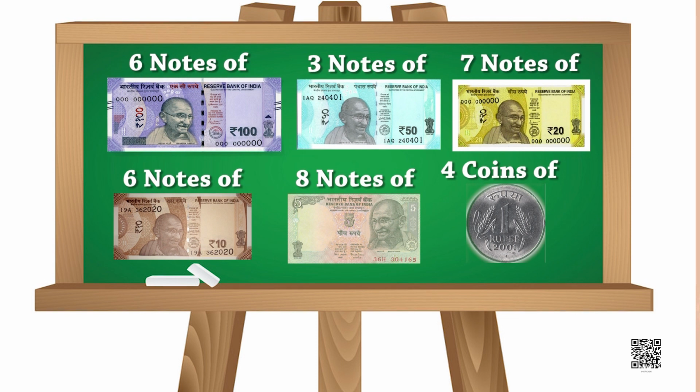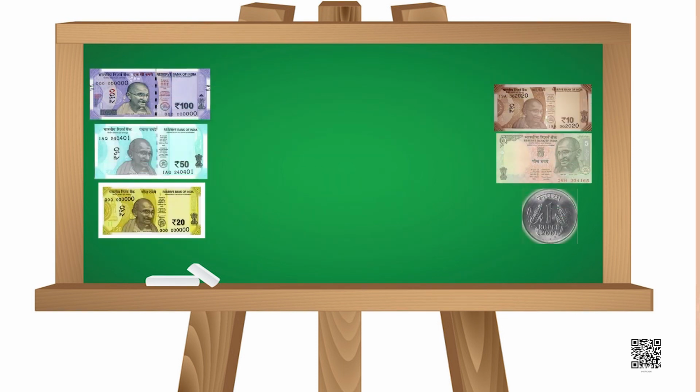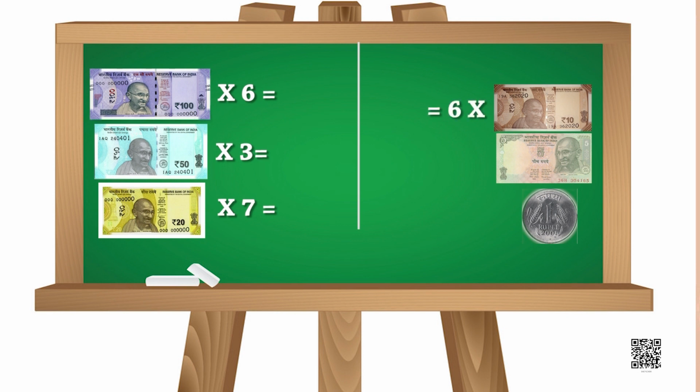We need to multiply them. For example, he has given 6 notes of 100 rupees. So, there are 6 100 rupees notes, 3 50 rupees notes, 7 20 rupees notes, 6 10 rupees notes, 8 5 rupees notes and 4 1 rupee coins. These are the denominations in which Kiran has received the money.